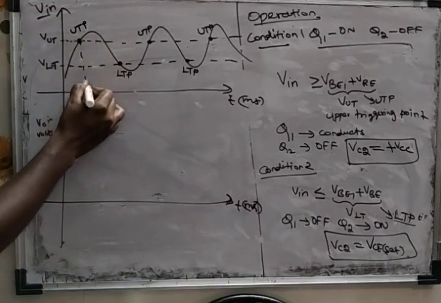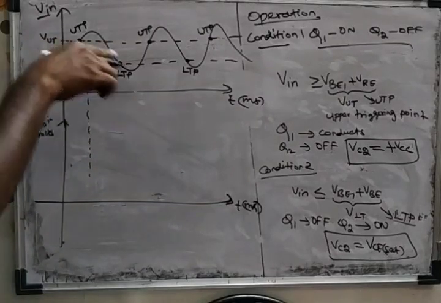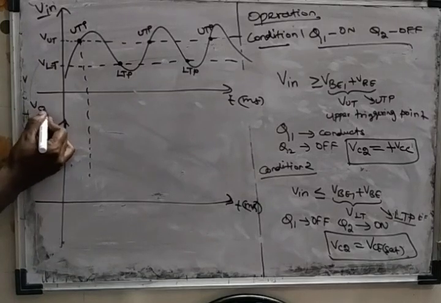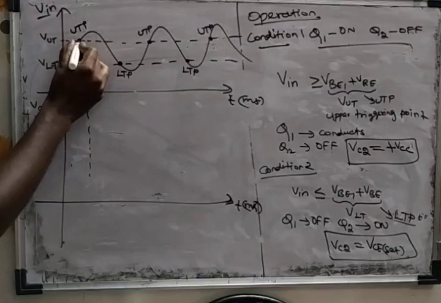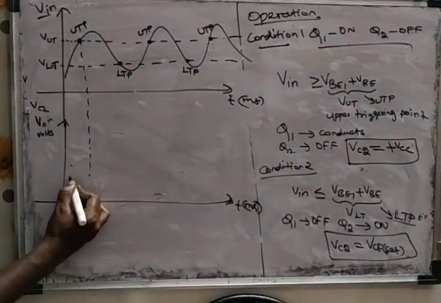So at this point we are taking V0, which is actually VC2, the collector of transistor Q2. At the upper triggering point Q2 is off and VC2 is plus VCC.